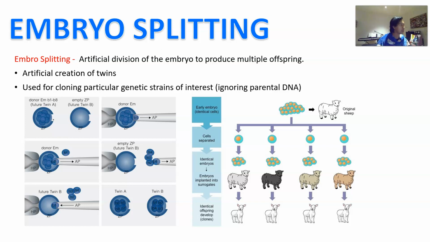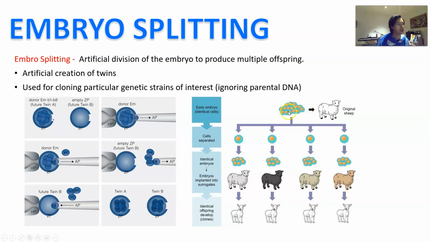So basically, we take the embryo, and then we split the embryo as it's growing, and then we isolate those particular clumps of cells, and then they turn into more embryos, and then we put them into a surrogate mother to breed or reproduce the cloned offspring, right?